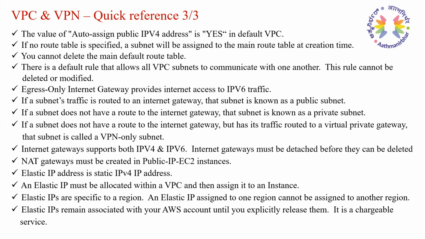Elastic IPs remain associated with your AWS account until you explicitly release them. Please note it is a chargeable service. While you are deleting your resources, make sure that you detach the Elastic IP and release it. If you do not do it, you will keep getting charged as long as the Elastic IP is in your account.